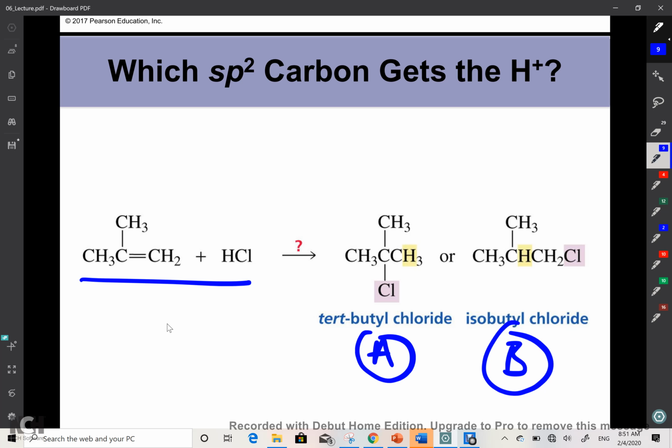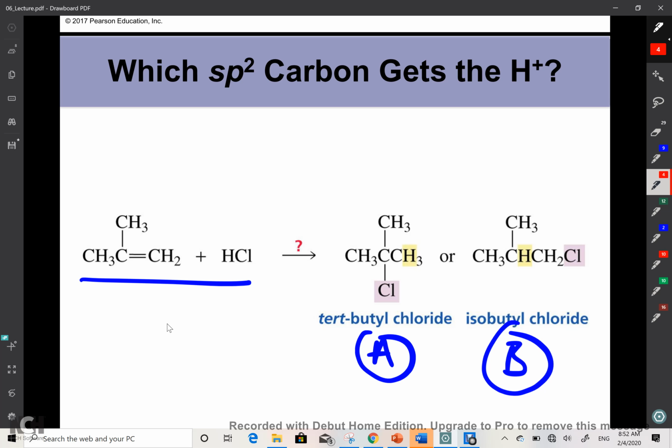Are we good, guys? So let's look at that. First thing, have you proposed a mechanism that will lead to A and B? Now, have you looked at the intermediate? Look at your intermediate. Can somebody tell me something about your intermediate before I draw my own mechanism? More details.